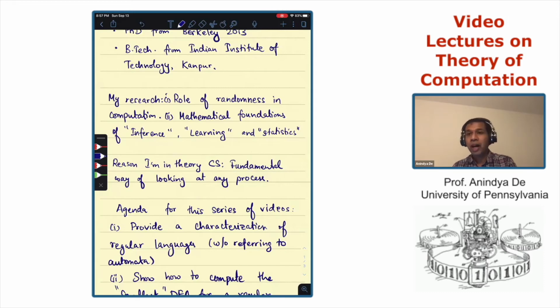So far, when we have discussed regular languages, we have seen this as a class of languages which are accepted by a finite automata. But you'll see there's an entirely different way of talking about regular languages, which does not at all make any reference to a finite automata. And this will be the goal of the Myhill-Nerode theorem, which we will prove in this series of lectures.